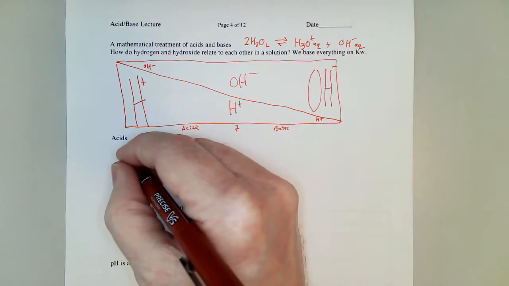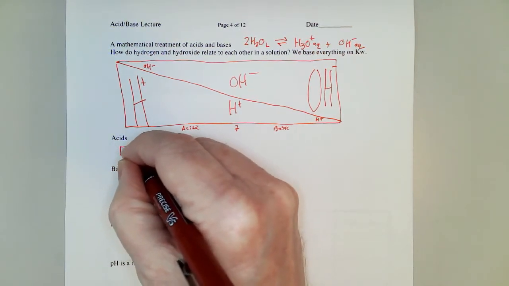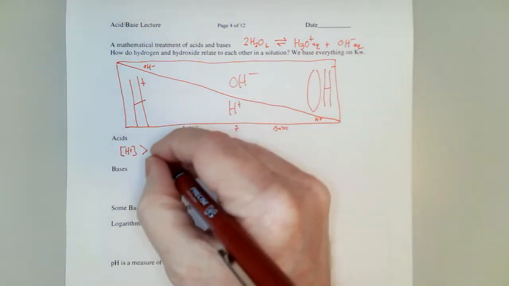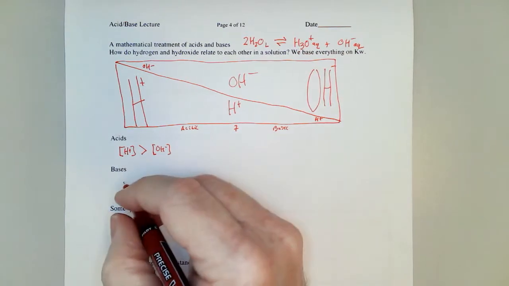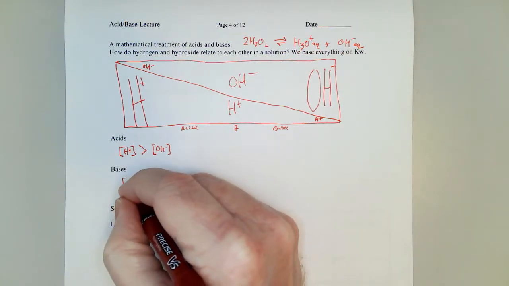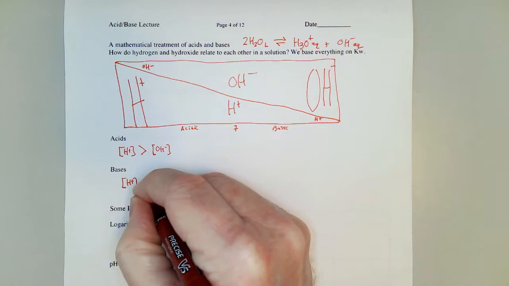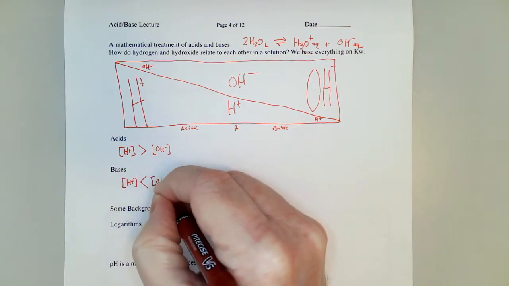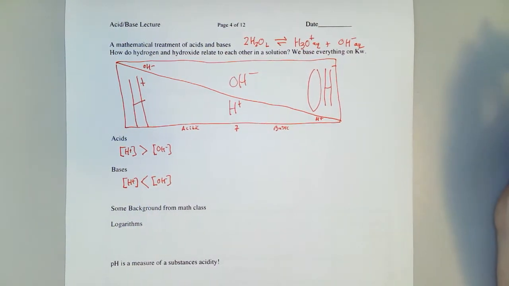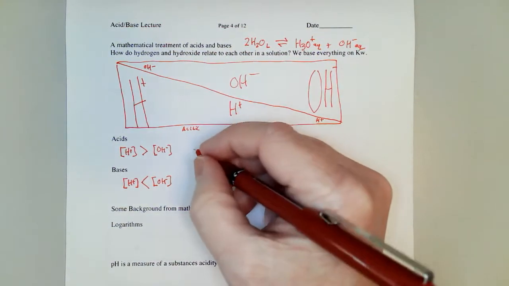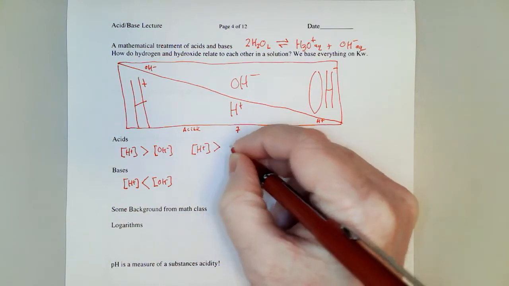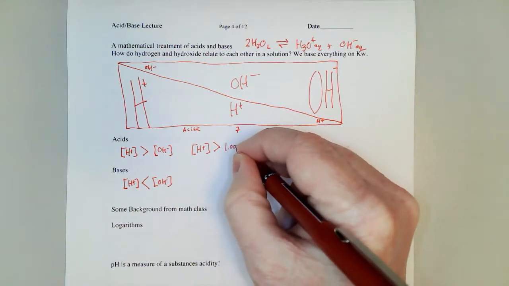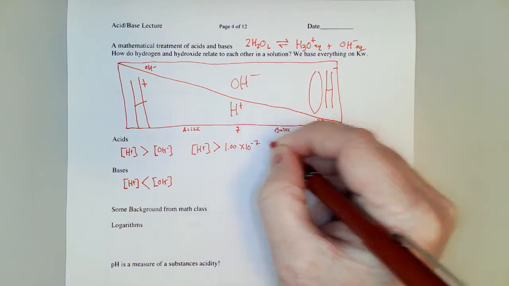So for acids, what we're saying is the concentration of H+ is greater than the concentration of OH-. And for bases, the concentration of H+ is less than the concentration of OH-. And in terms of an actual number, for acids, the H+ concentration is greater than 1.00 times 10 to the negative 7.